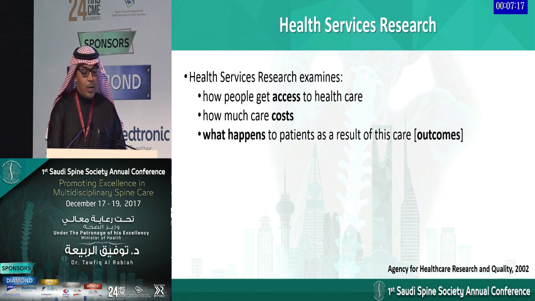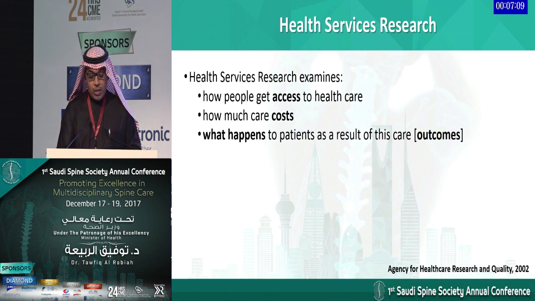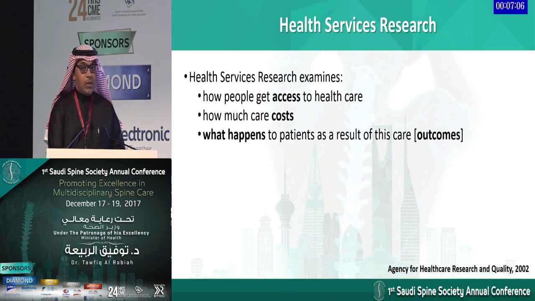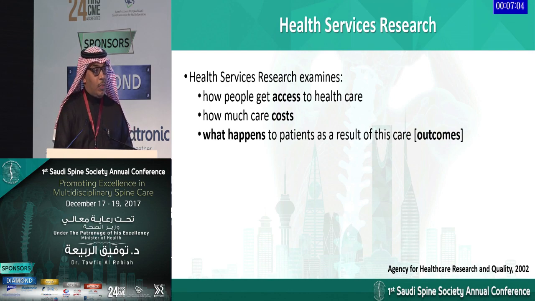It's to examine how people get access to health care, how much care costs, and what happens to patients as a result of that intervention. And this is a continuation of what Dr. Hanas Sohail mentioned in the first lecture about the outcome measures, and what Dr. Krainer mentioned regarding the clinical practice guidelines.